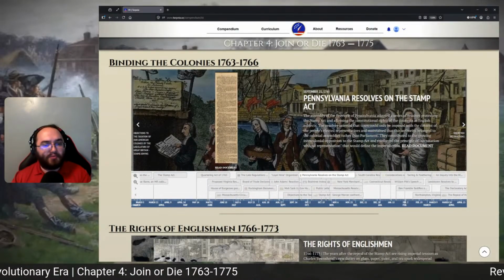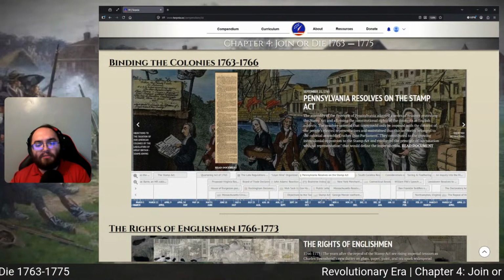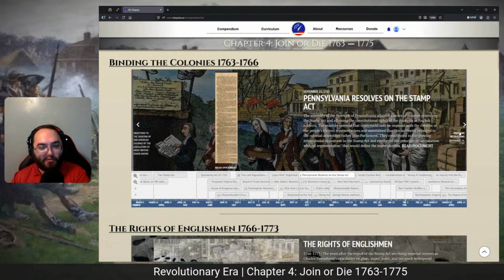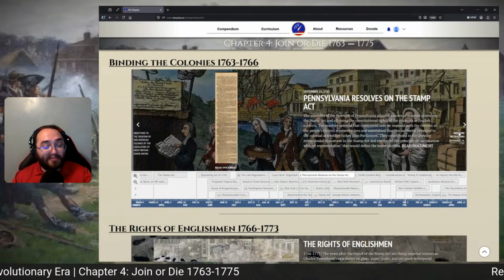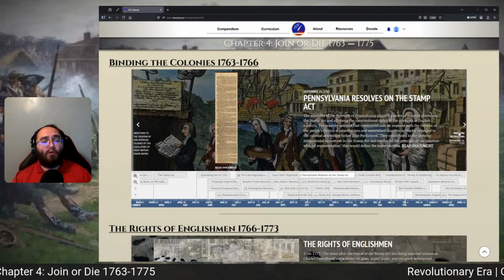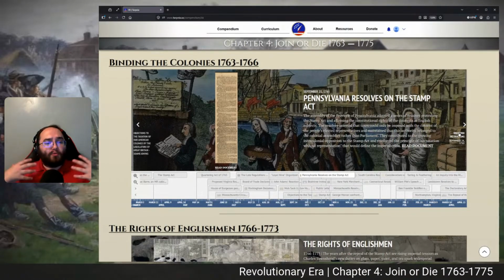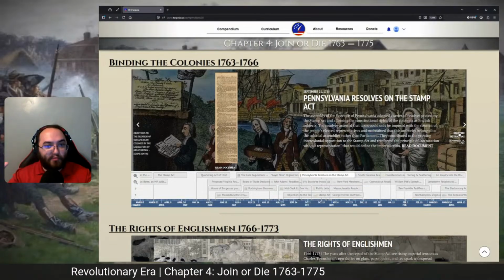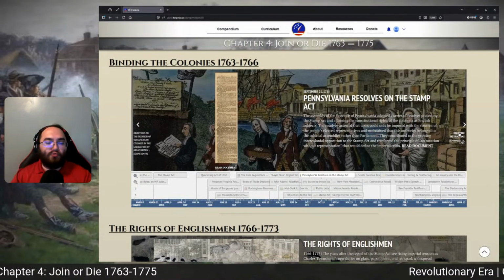Here's Pennsylvania's resolves on the Stamp Act, and this is going to be passed just before the Stamp Act Congress. And so a lot of the colonies that are going to be present at the Stamp Act Congress are preparing their own petitions, which they will then share with each other when creating the United Petition, which is the Stamp Act Congress Resolves, or petition of the Stamp Act Congress to Parliament.